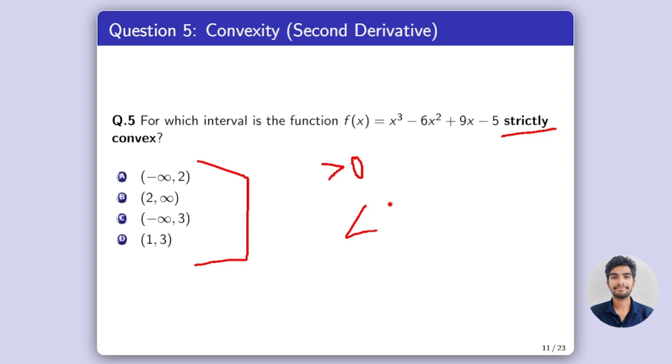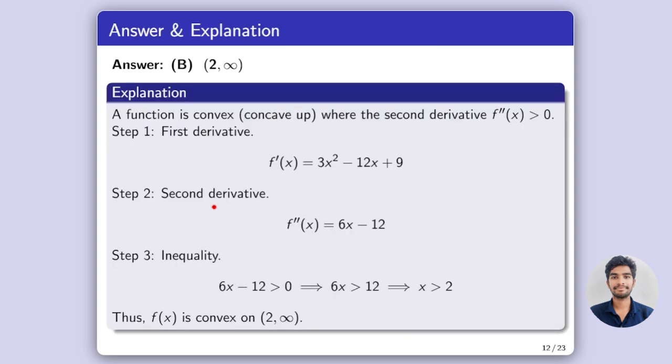These are the two conditions for convex and concave. In the convex case, if the condition is greater than 0, it will be 2 to infinity. If not, it is 2 to minus infinity. There is a chance the answer will be A or B or C, but not D.